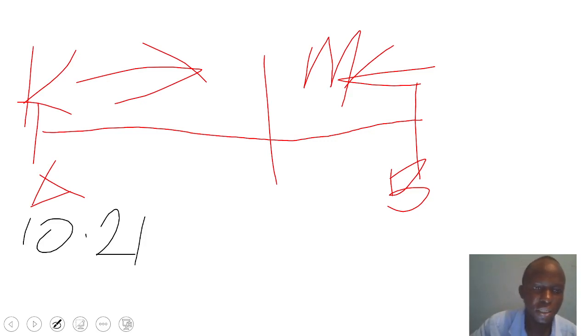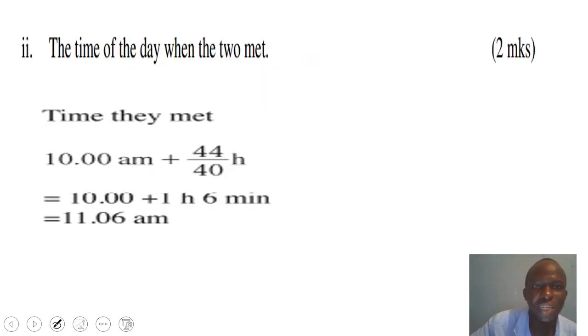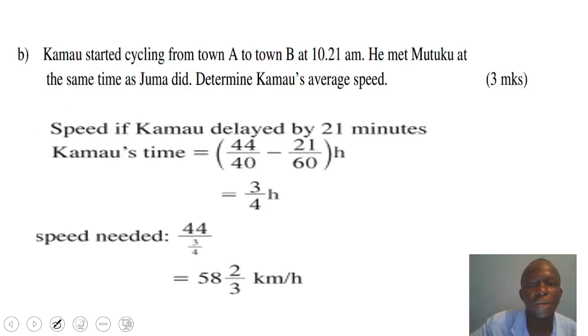So Kamau had covered X kilometers, where the value of X is 44 kilometers. That is the distance Kamau covered.